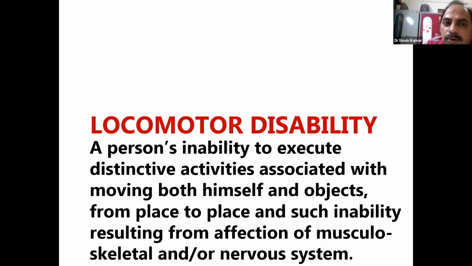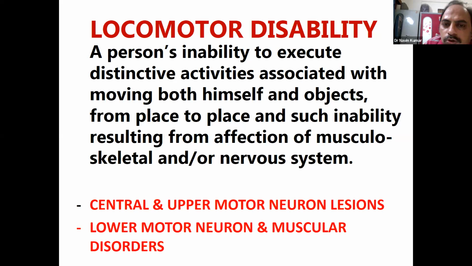Now coming to locomotor disabilities, I already told the definition. So it includes central and upper motor neuron lesions, and lower motor neuron and muscular disorders. So first we will go for lower motor neuron.